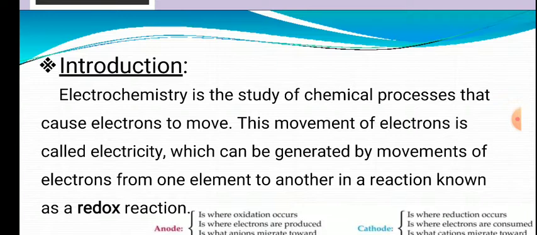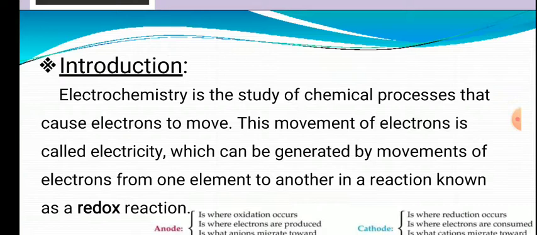So very specifically we can say that electrochemistry is the study of chemical processes that cause electrons to move. I have already told you this movement of electron is called electricity.